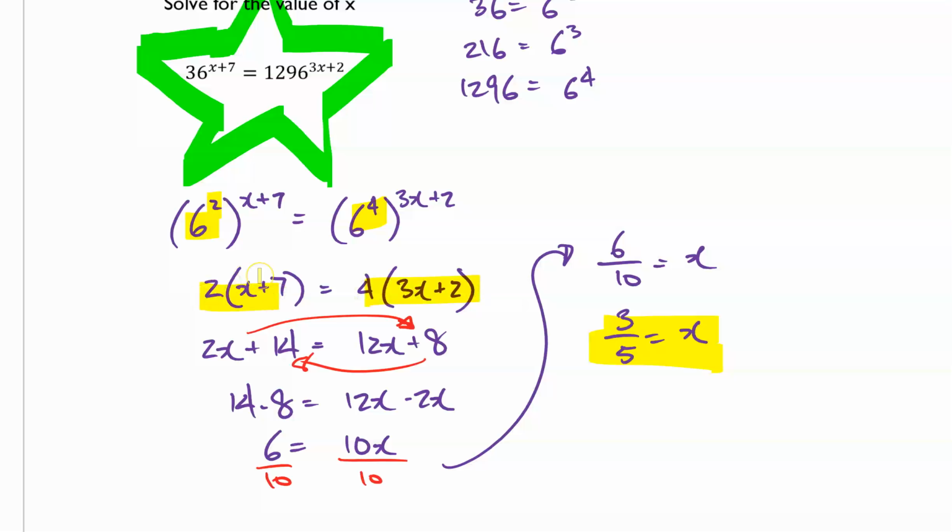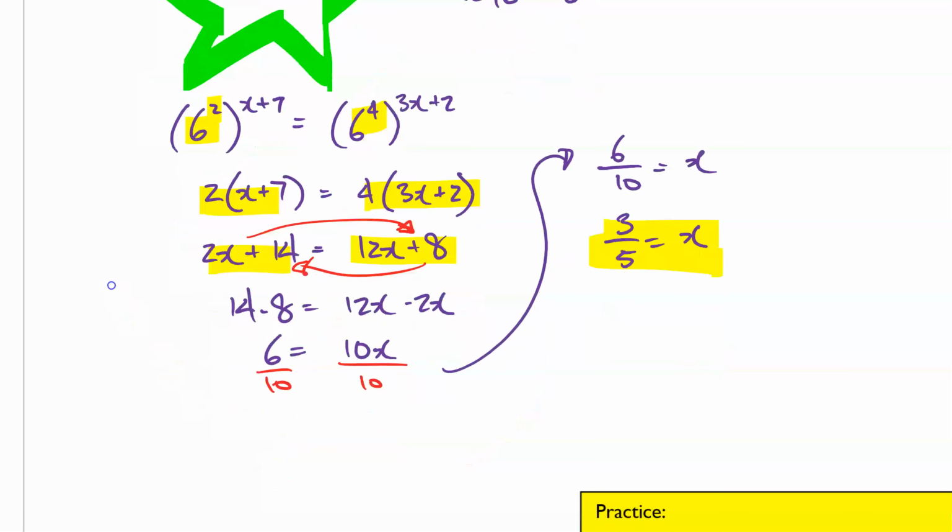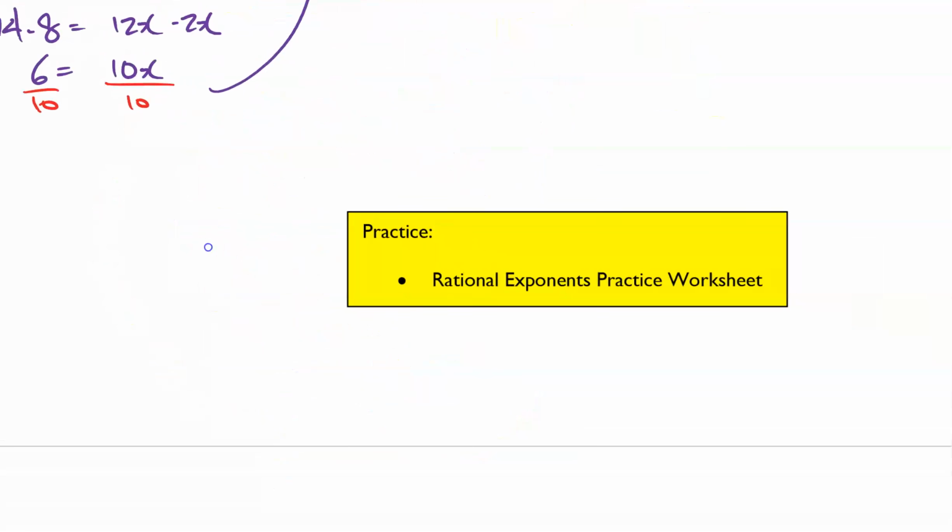Okay, distributed in the 2 and the 4, and got this. And just collected the x's on the same side and the numbers on the other side, and isolated the x and got 3 over 5. Did you get 3 over 5? X is equal to 3 over 5. Looks fantastic. You did.